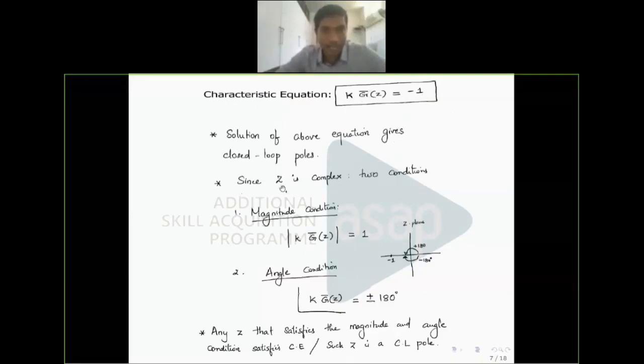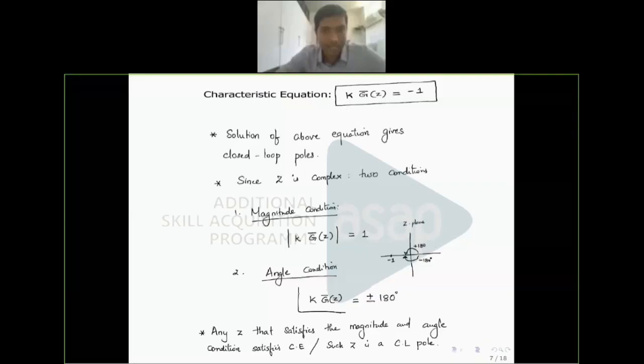Now, we already know that z is a complex number, or z is a complex plane. So it has two variables: one is magnitude and another is angle. So the condition of the characteristic equation of the closed loop transfer function is equivalently given by two conditions: a magnitude condition and an angle condition.